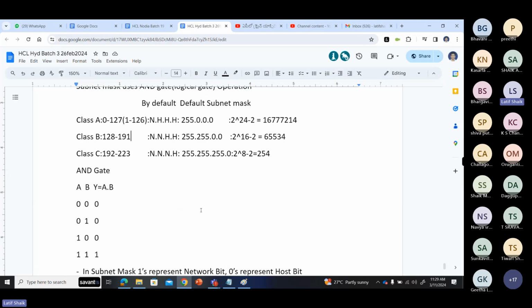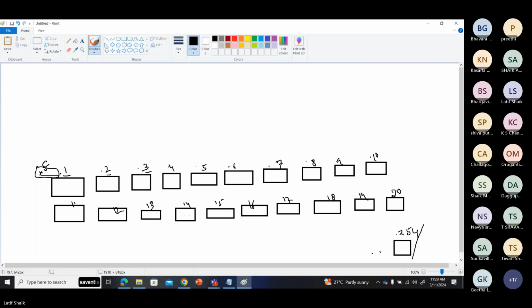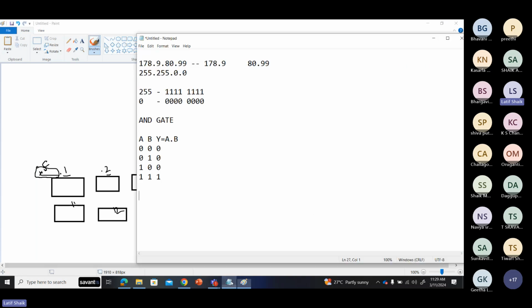If you take class B, two portions are the network portion, and the remaining is the host portion. So you have computers like this in a class B, for example. I started assigning this series. This is the network portion, the network ID.